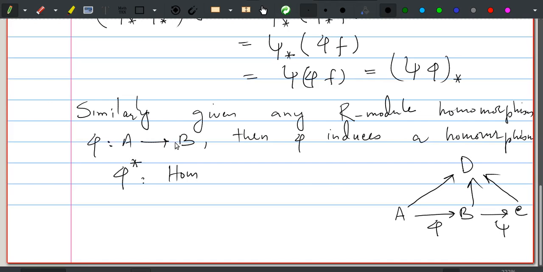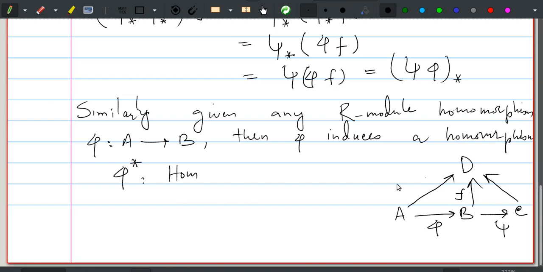Now this phi from A to B induces a homomorphism. Suppose we have G here, suppose we have F here.